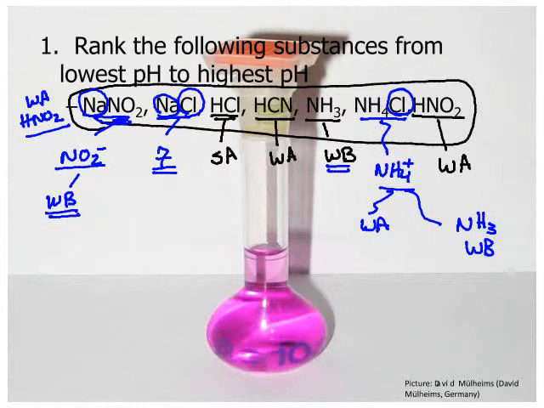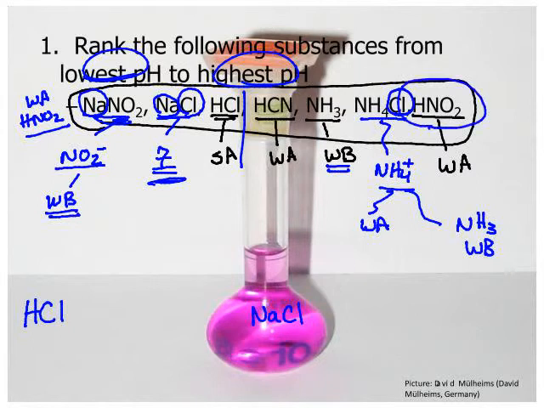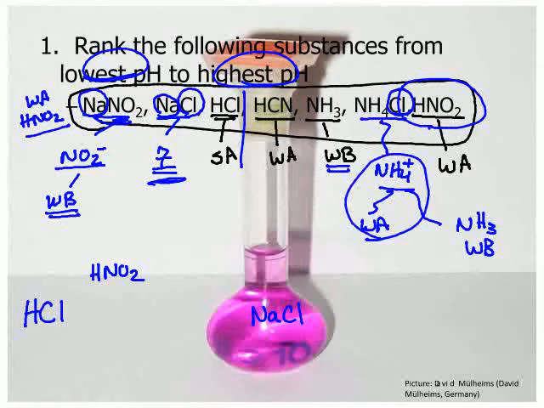I want to go from lowest pH to highest pH. The lowest pH would be the strongest acid. There's only one strong acid, so HCl goes way over here. Right in the middle is my salt, NaCl. Now I've got several weak acids: HNO2 and ammonium, NH4 positive.